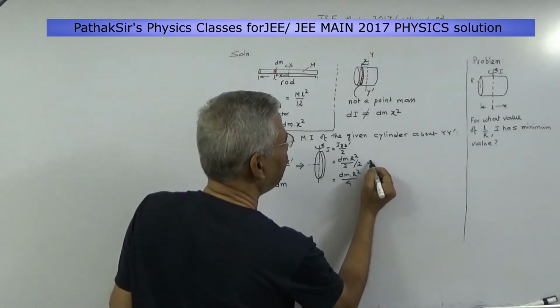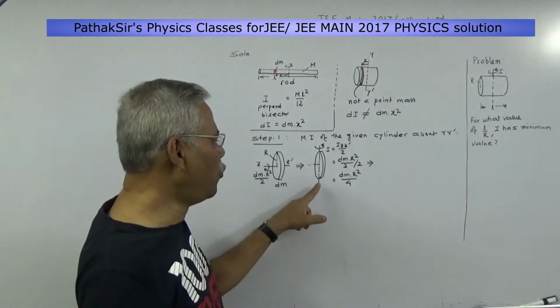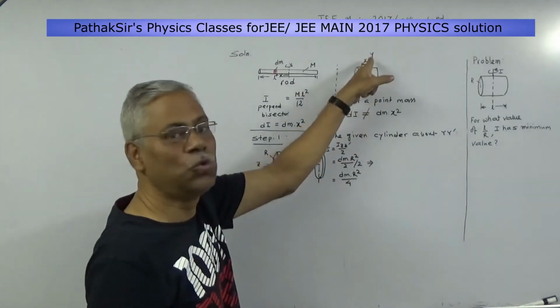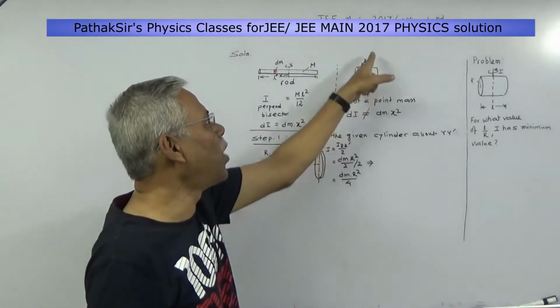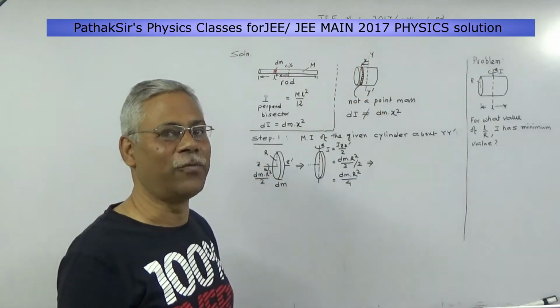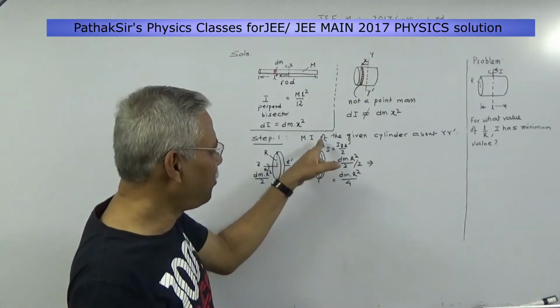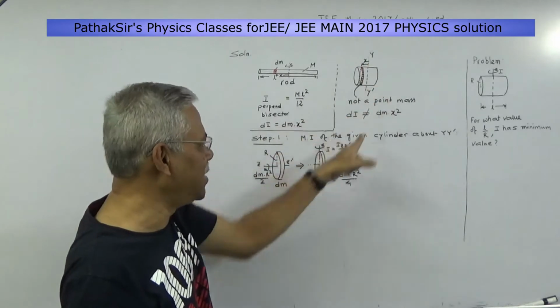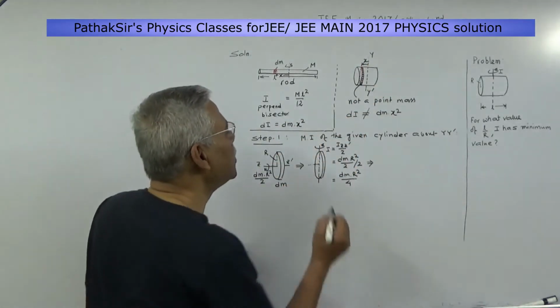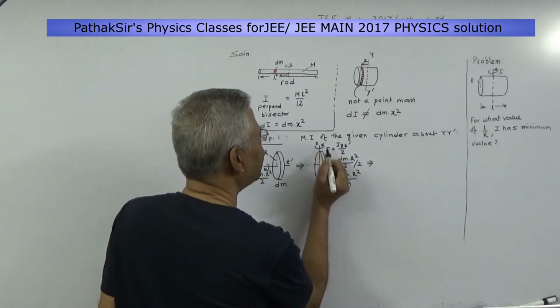Then we will move from this axis to another axis, which is y dash, and this y dash axis is parallel to the ZZ dash axis.